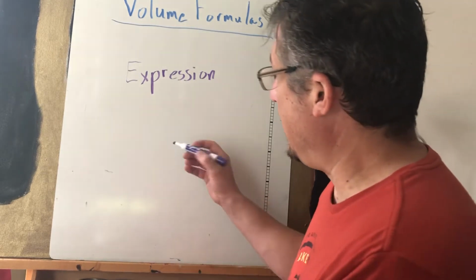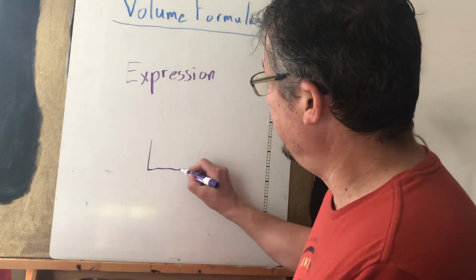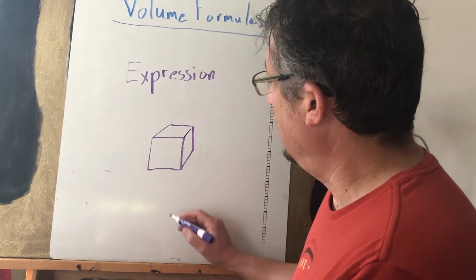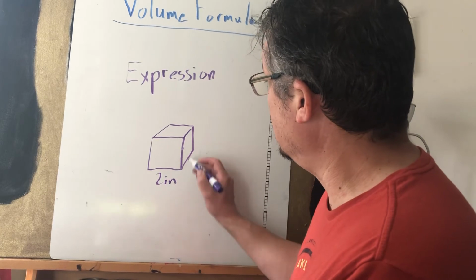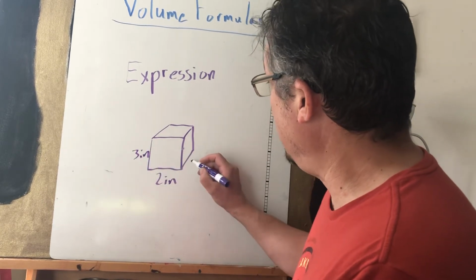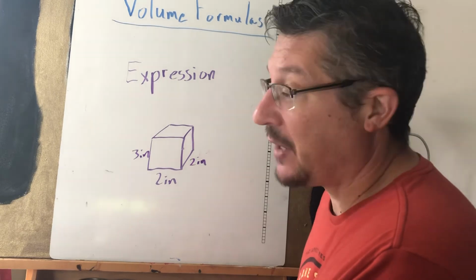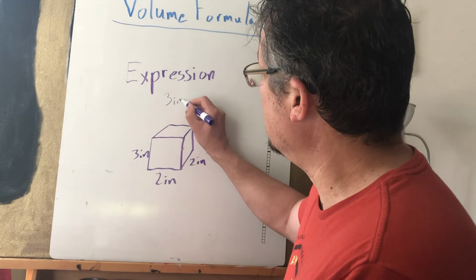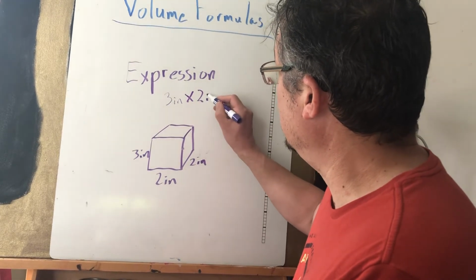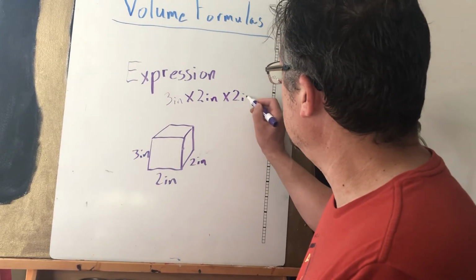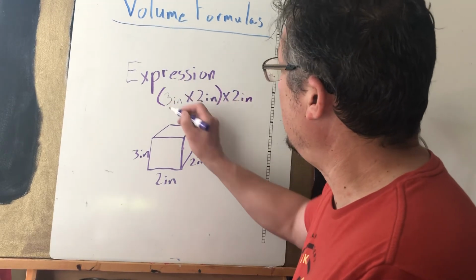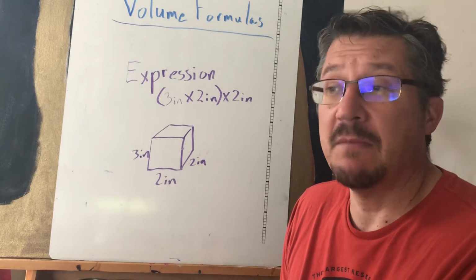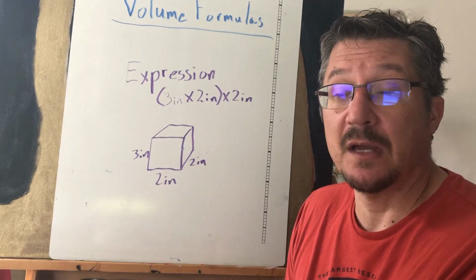If I have a rectangular prism that's 3 inches by 2 inches by 2 inches, my expression is 3 inches times 2 inches times 2 inches, and you can put parentheses there because you're going to do one of those multiplications first. That's an expression: the mathematical sentence that you're doing to solve.